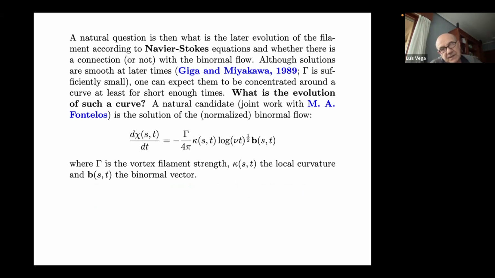So now I have characterized my initial condition, and the question is, can I say that there is a solution of this problem? So I have to determine what is the equation, because I really have a singularity. So unless I find a way of regularizing the singularity, I will not be able to say how it is moving. So for us, we will consider Navier-Stokes as a regularization process.